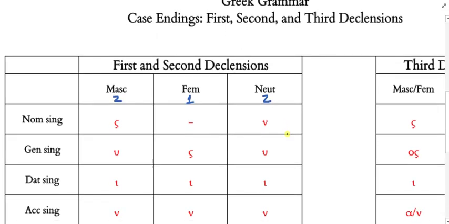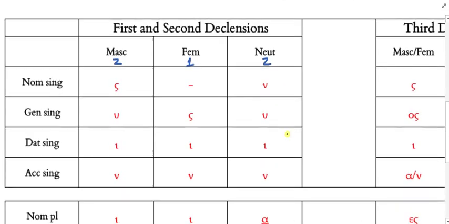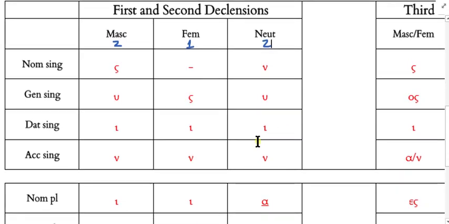So the patterns that we're looking at here are 2-1-2 patterns. And the stem vowel for masculine, second declension, is going to be an omicron, right? Feminines are alpha or eta. Neuters are omicron.